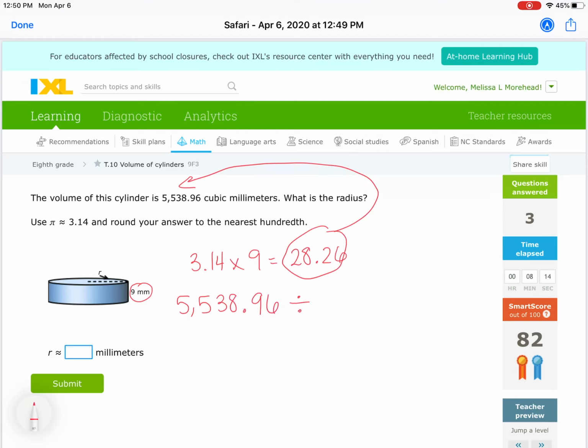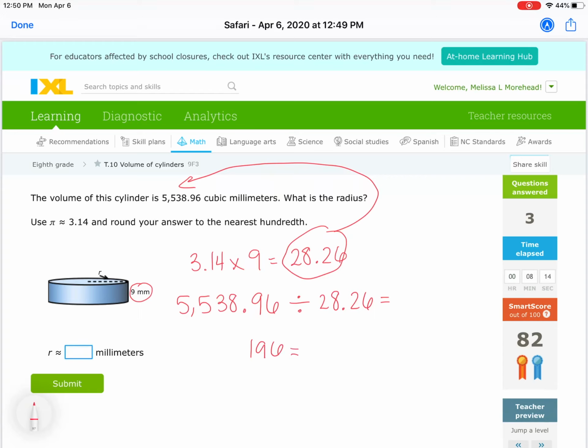So 5,538.96 divided by 28.26 equals, so put that in your calculator, 5538.96 divided by 28.26 gives me the number 196.